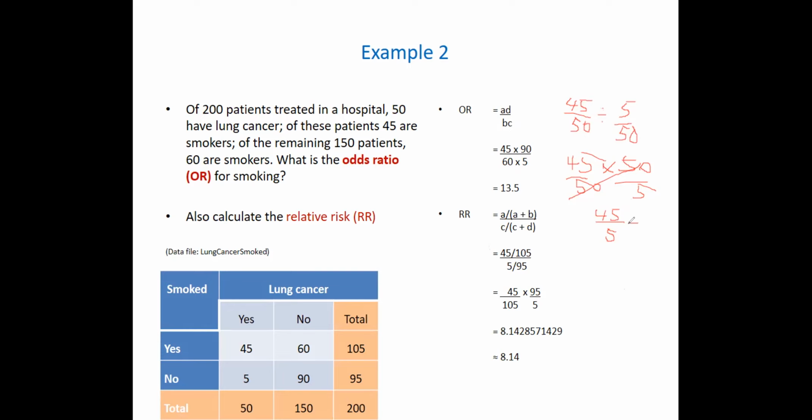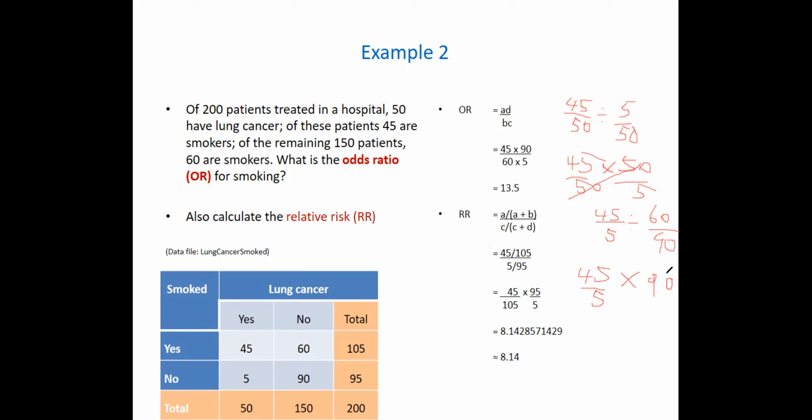divided by, can you see, this is the odds for the lung cancer now, 45 over 5. The other one, for non-lung cancer, is 60 over 90. So if you follow the change, it is 45 over 5 times 90 over 60.